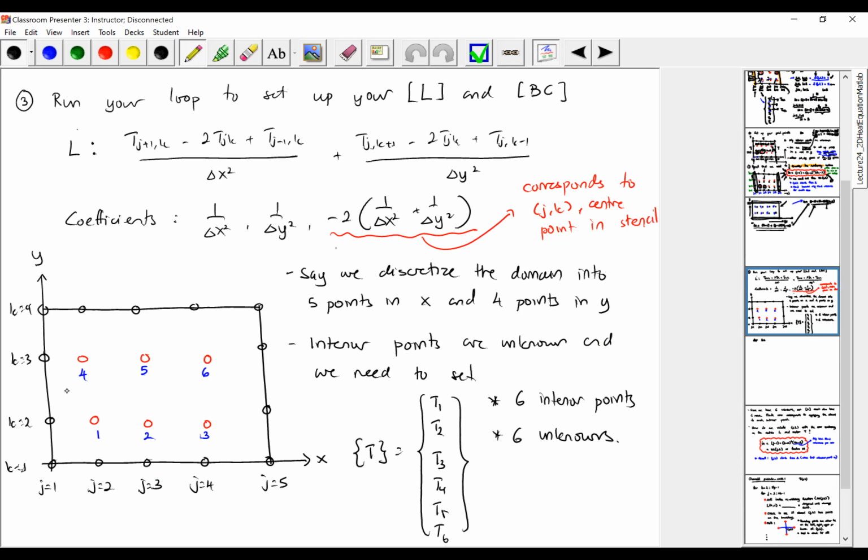You apply your stencil in our example here to these 5 points. So the first point that you're going to apply it to will be the middle point. So the middle point here, your j starts from 2. The last point in j will be 4. So it is effectively nx minus 2. The same goes for your k.